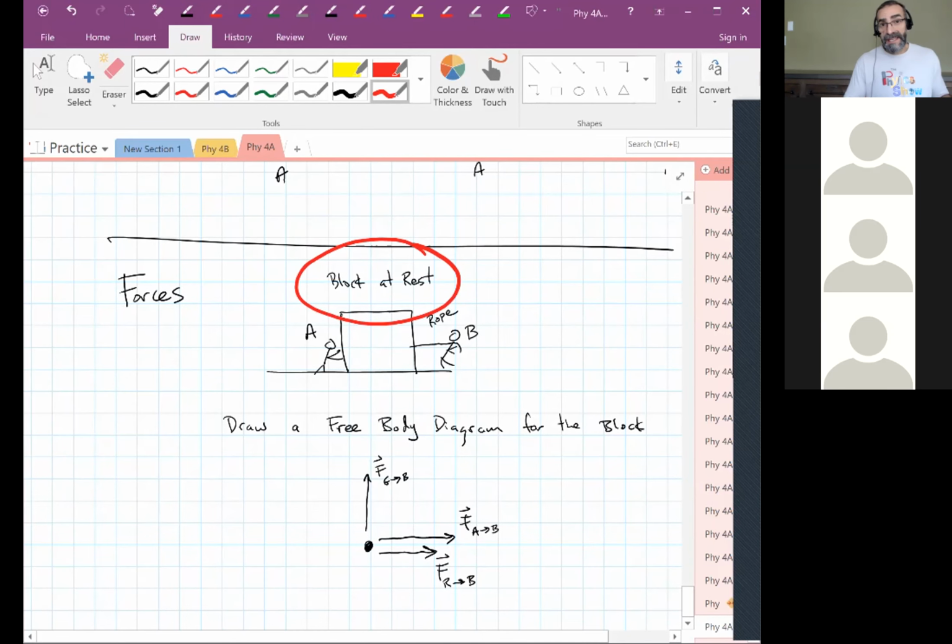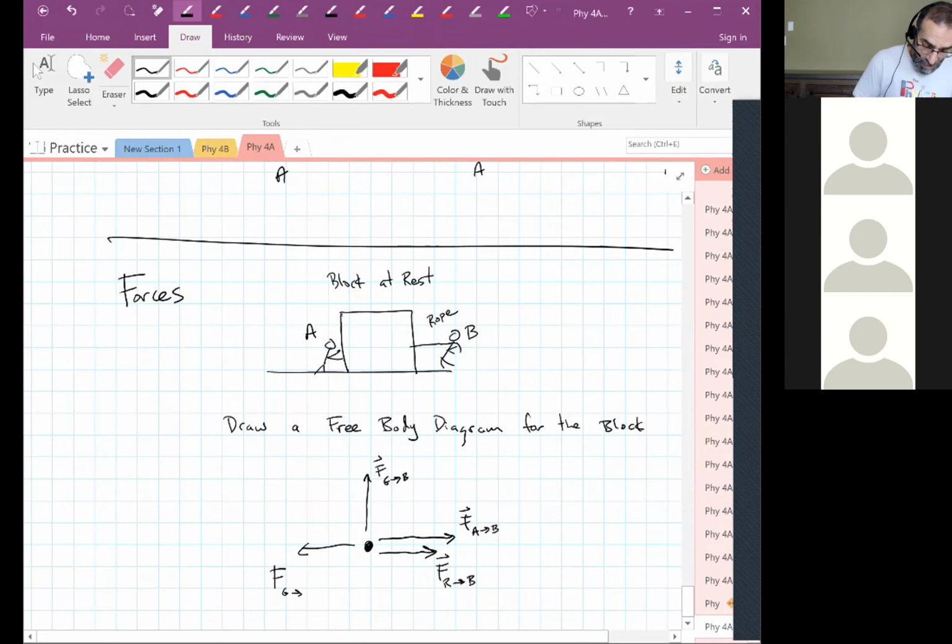Person A and the rope are pulling it to the right, and it's at rest, so something must be pushing back in the opposite direction. So we'll add our friction force here. That's the ground on the block. This one here is friction. This one is our normal force.